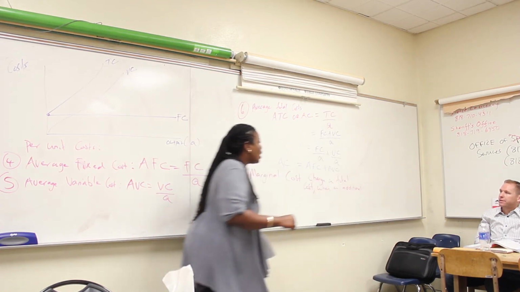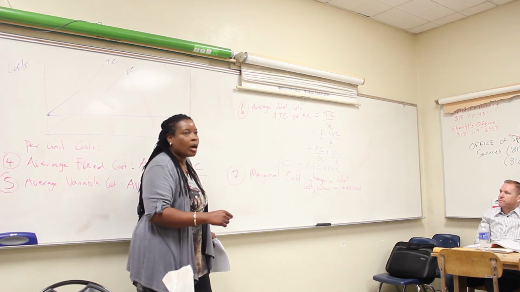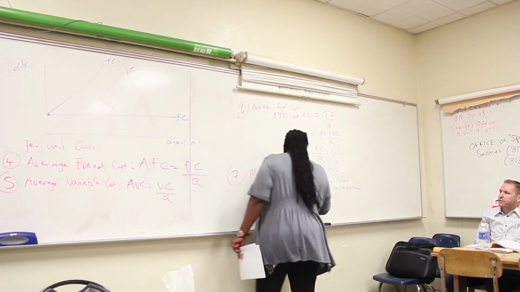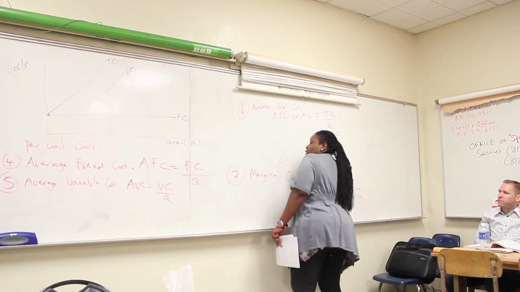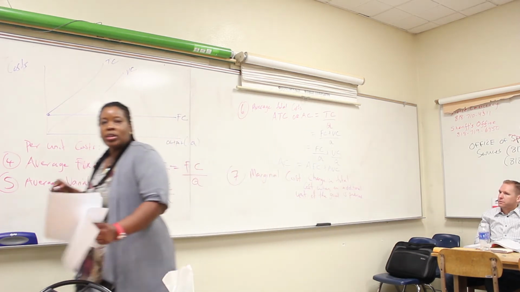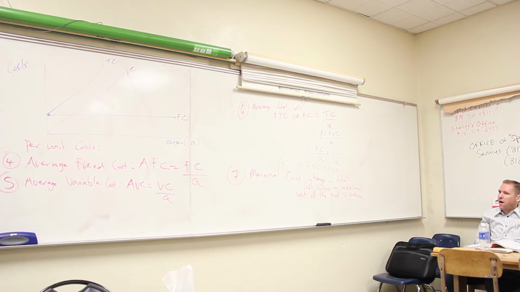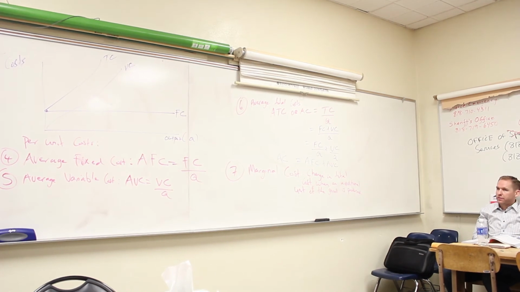So marginal cost is the change in total cost when an additional unit of the good is produced. So produce an extra unit of the good. What's the extra cost you pick up? That's your marginal cost.